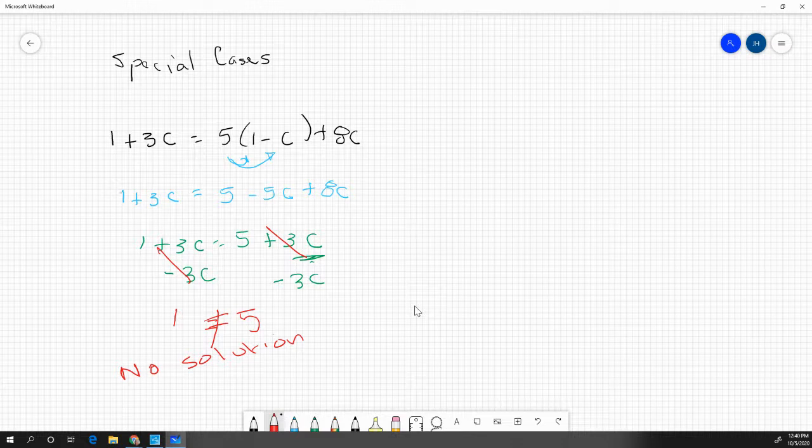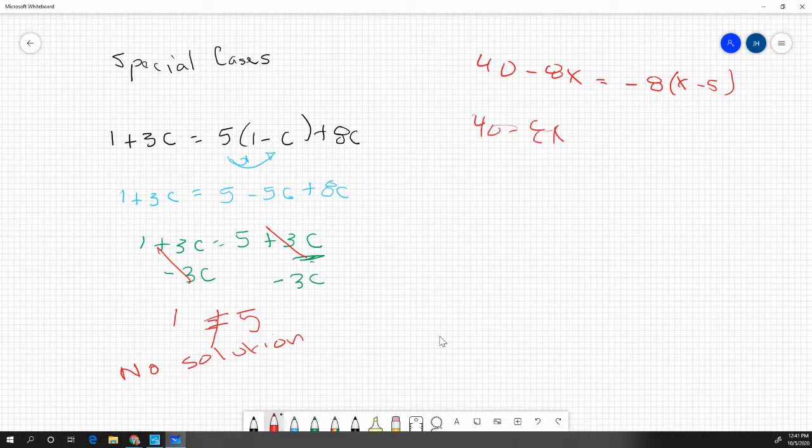Our other special case is, say I have 40 minus 8x equals negative 8 times x minus 5, right? Following our rule, we're going to distribute first. So here I'm going to have 40 minus 8x.